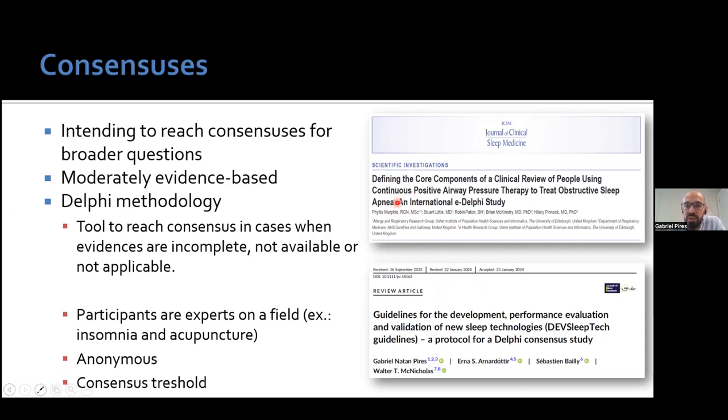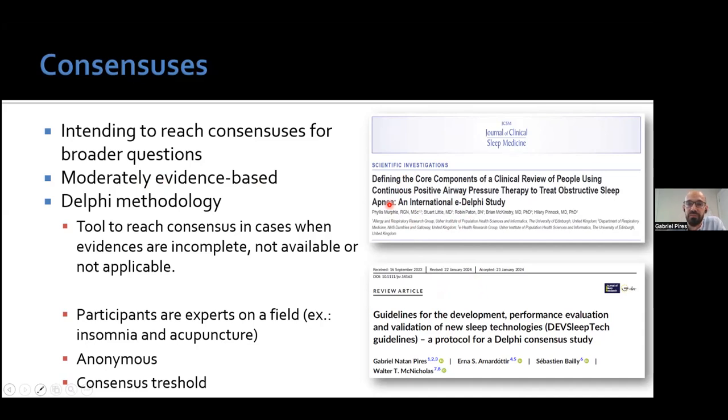So should I question people using CPAP about insomnia symptoms, or whether they sleep with someone else in their bedroom, or whether they have been cleaning the filters of their CPAP machine often? There is no evidence to measure if this is necessary or not.